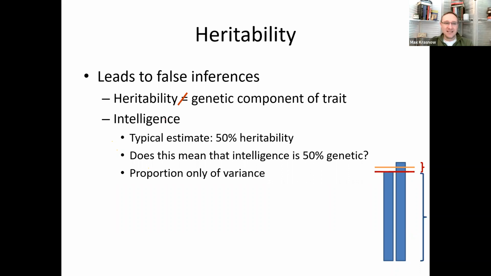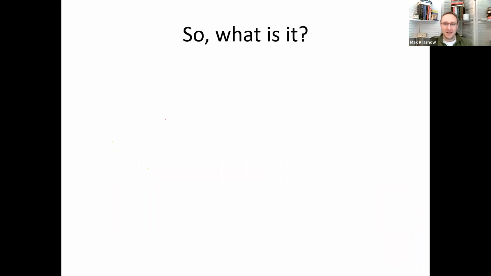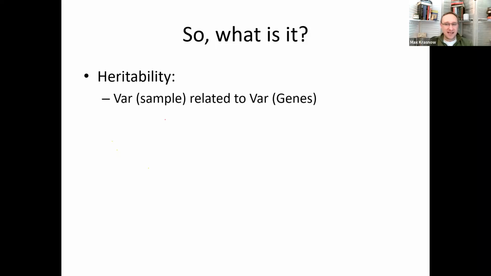So heritability does not tell you the genetic component of a trait. What is it then? At this point, you're probably confused as to what heritability actually is. The one thing it tells us is the variance in a sample in their trait level that's related to variance in that sample's genetics.